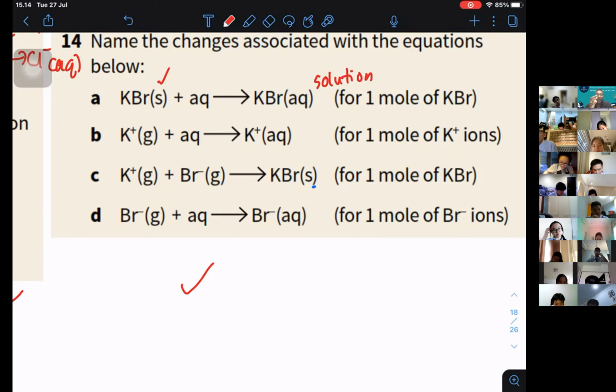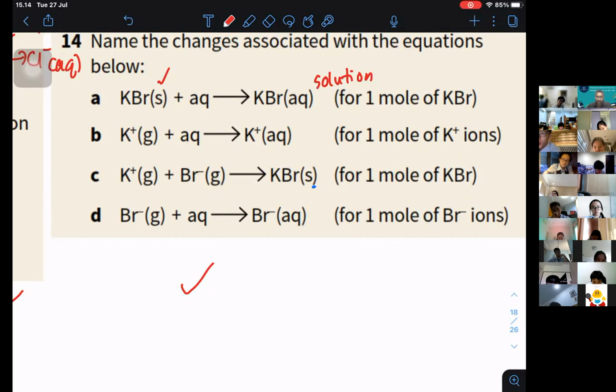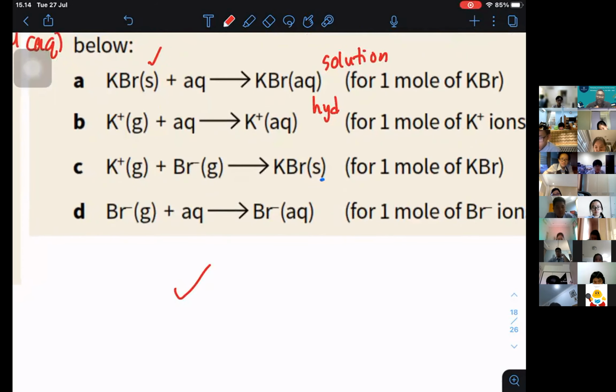If you have potassium ion in gas and it becomes aqueous, this is the one that we just learned, which is hydration. And if you have gas ions forming a solid, then it's lattice energy. And if you have a gas ion going to aq, then automatically you should know it's hydration.